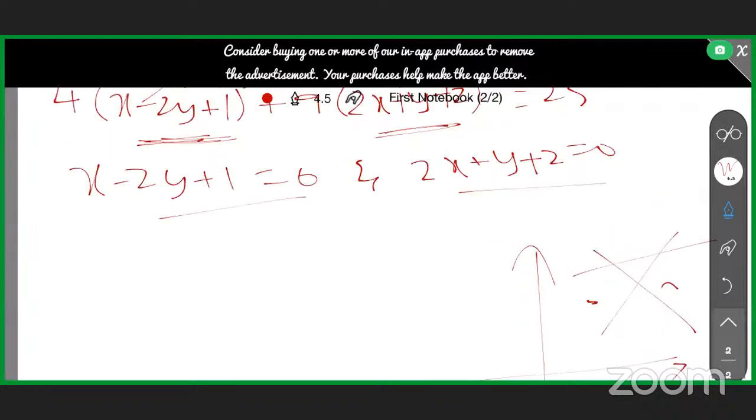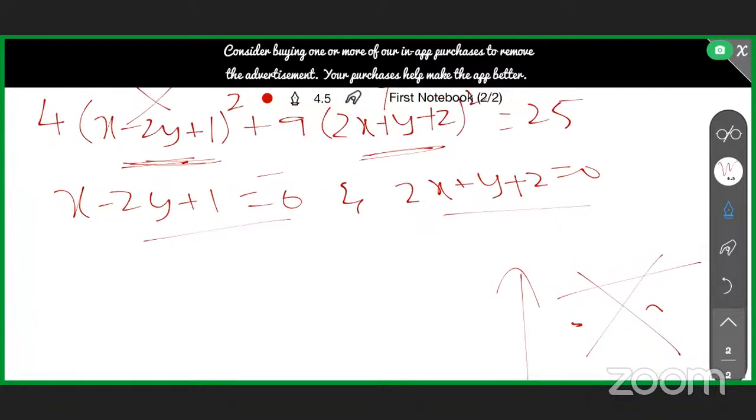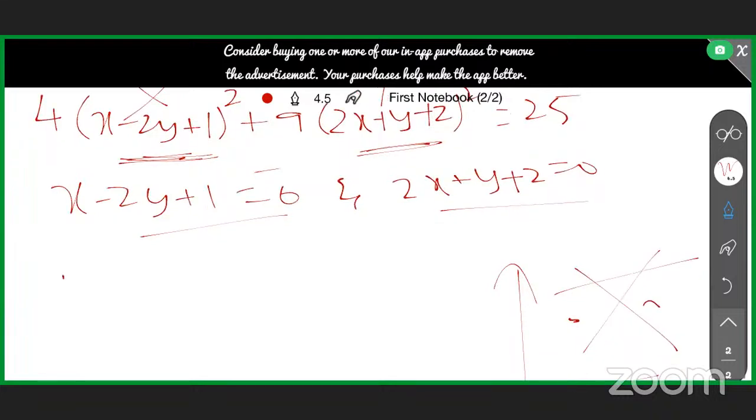Is it in the intercept form? So bring it in the intercept form. This entire thing, (x - 2y + 1) whole square, divide throughout by 25.